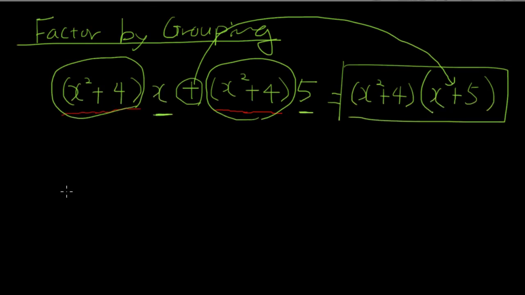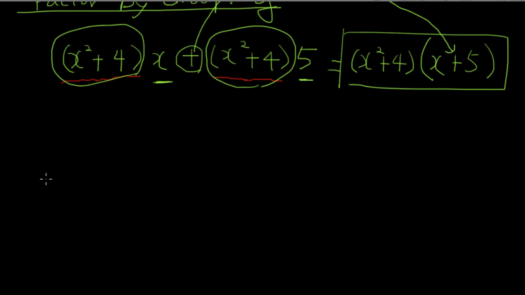So let me give another example. Let's say we have x to the cube, not square, sorry, x to the cube minus 4x squared plus 2x minus 8.